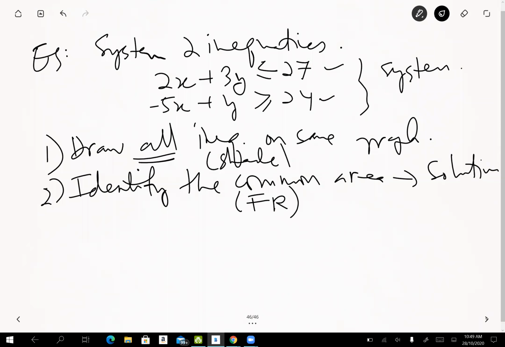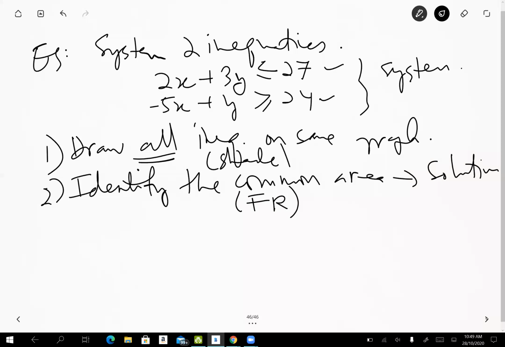Feasible region. So go back to the graph in the first example. I ask you to draw in the same graph. If you do draw the same graph, then you'll be able to identify the solution. Now, is there a solution? In other words, is there a common area?